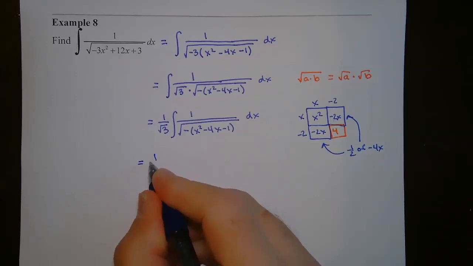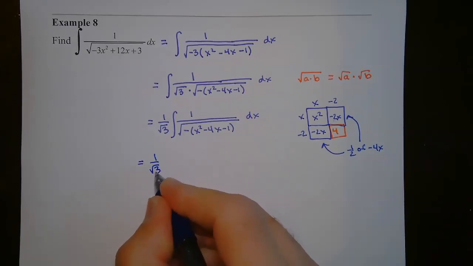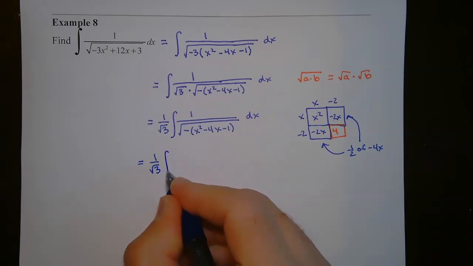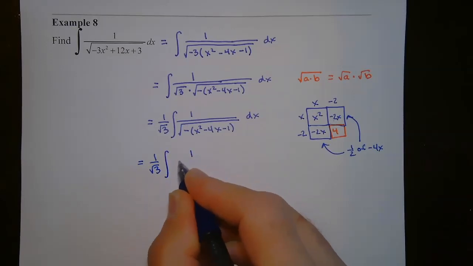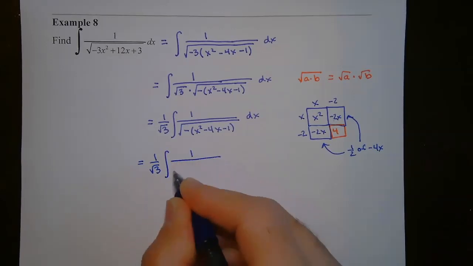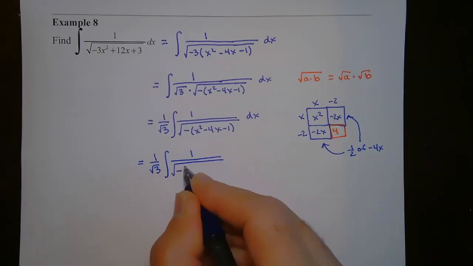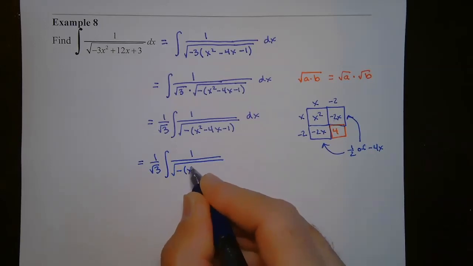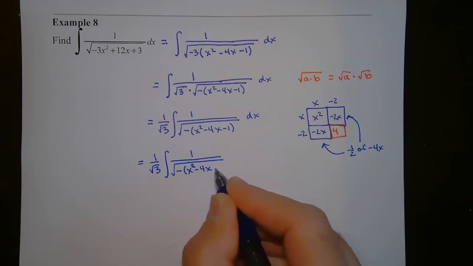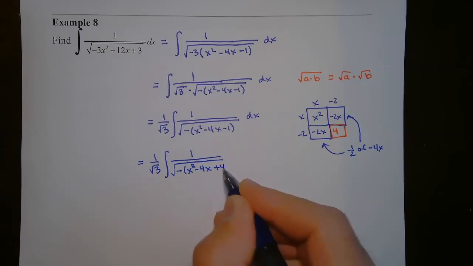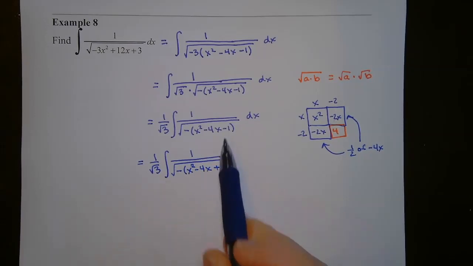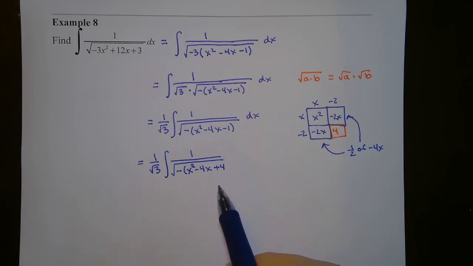So this is 1 over the square root of 3 times the integral of 1 over the square root of negative parenthesis x squared minus 4x plus the 4. But here's the problem: that's not minus 1 anymore, right?